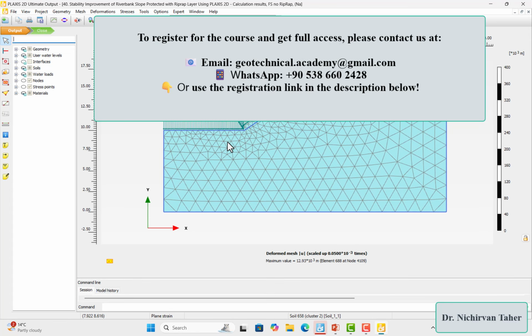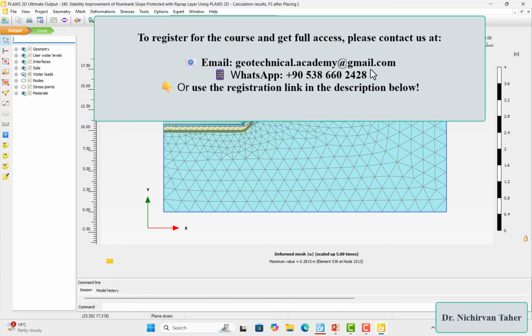First of all, let me check the deformed shape. This is the deformed shape before placing the riprap, and this one is the failure or deformed shape after placing one layer of riprap. These arrows show a water load because the water table is here.